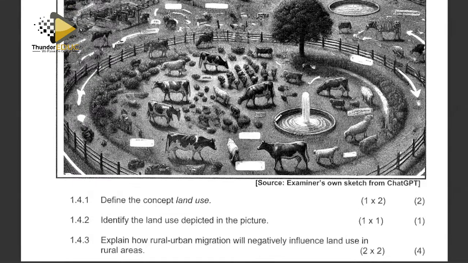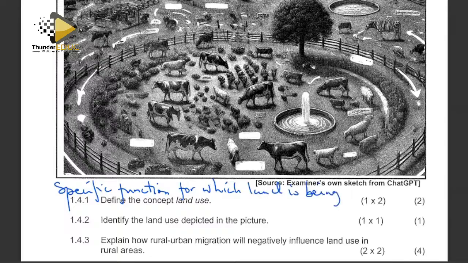When we're talking of land use, when you're defining the concept, you must define it in a geographical sense and not just repeat the same words in the concept. We are looking at a specific function for which land is being utilized.